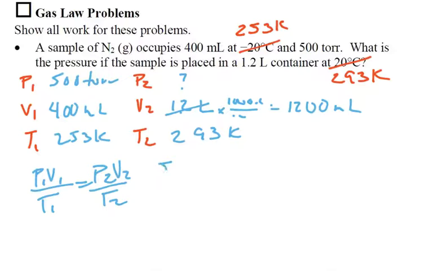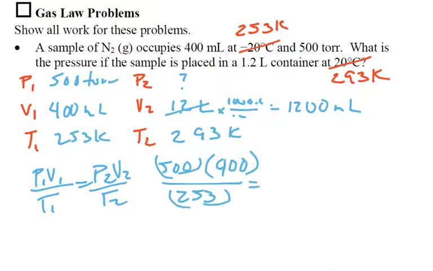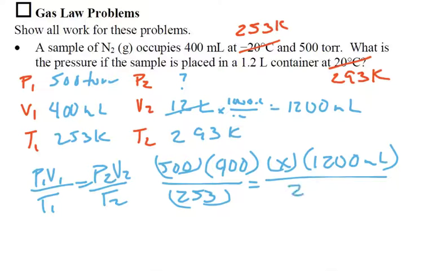So it's 500 torr times 400 milliliters divided by 253 Kelvin equals X times 1,200 milliliters all over 293 Kelvin. Now I'm going to solve for X, and you can see this is an algebra problem.